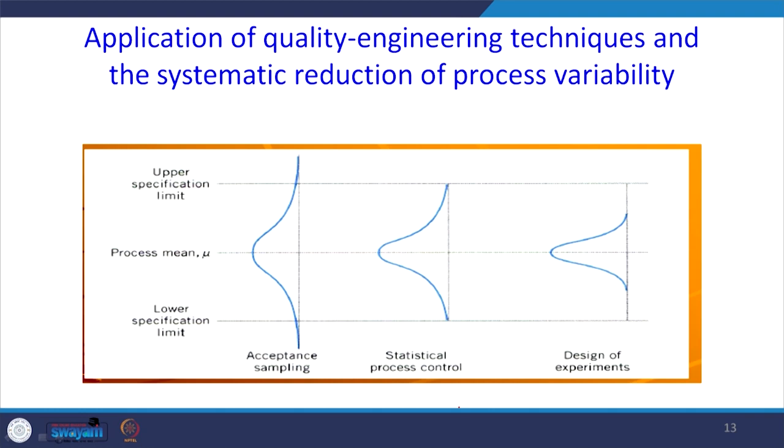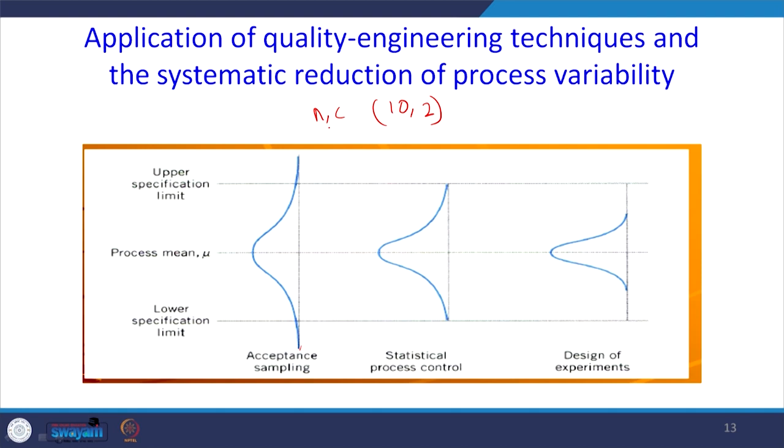When we want to improve quality, we use quality engineering techniques and systematic reduction of process variability, because improving quality is nothing but reduction of the variance. When you go for acceptance sampling, there will be a lot of variance. Acceptance sampling is, say, n comma c. If I say 10 comma 2, n is the lot size and c is the acceptance number.